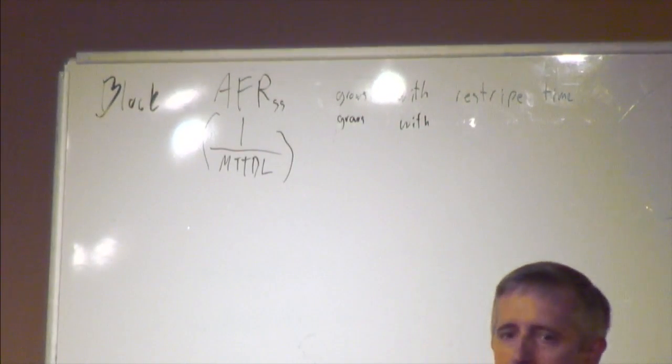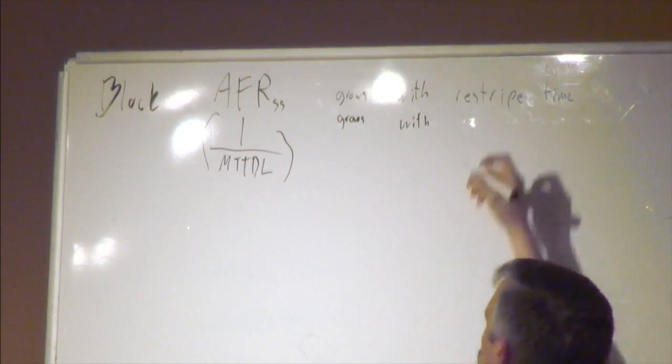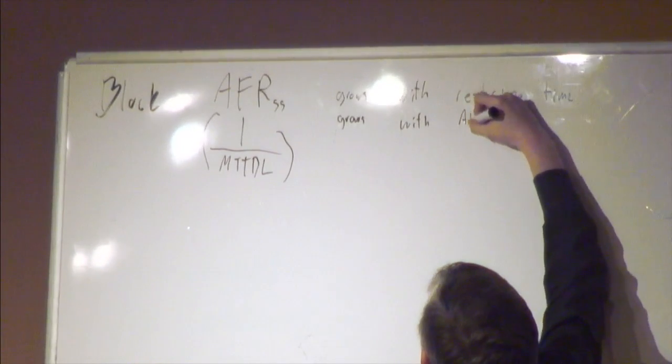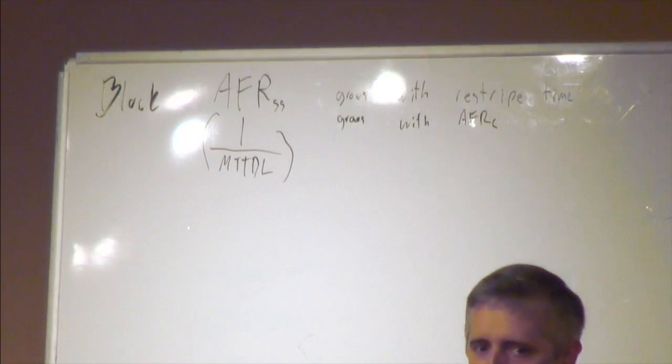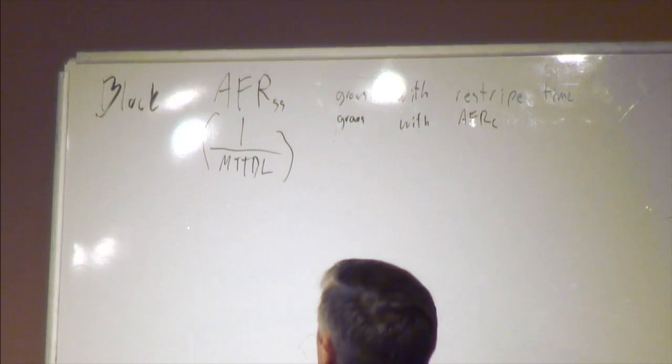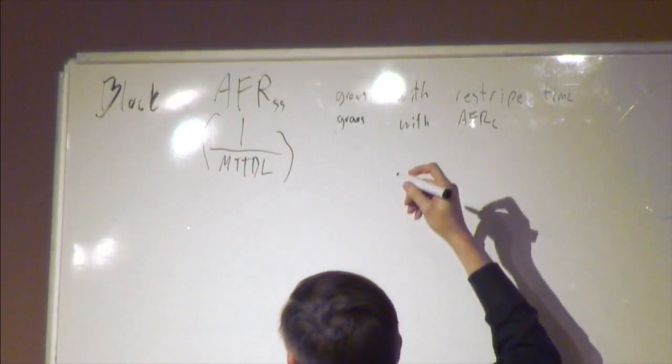You mean rebuild, really? Yeah, the rebuild or restripe. This also grows with the AFR of your components. If your components are less reliable, your whole system will be less reliable.